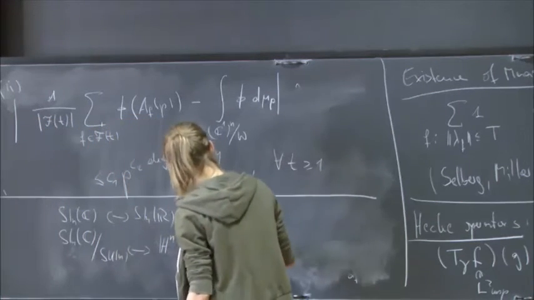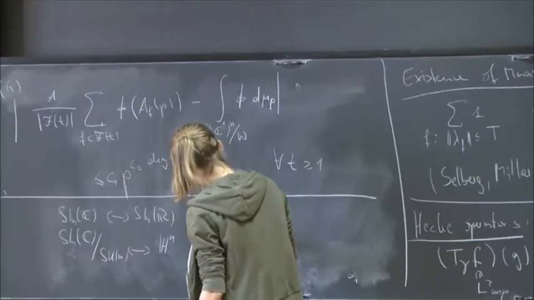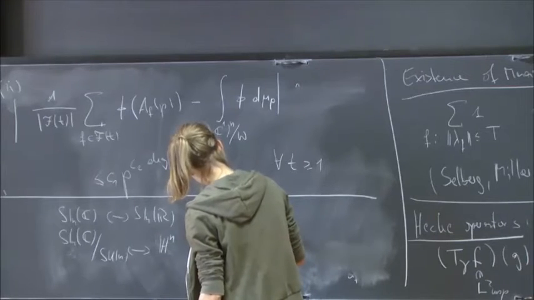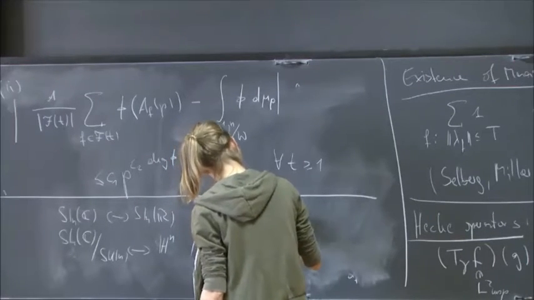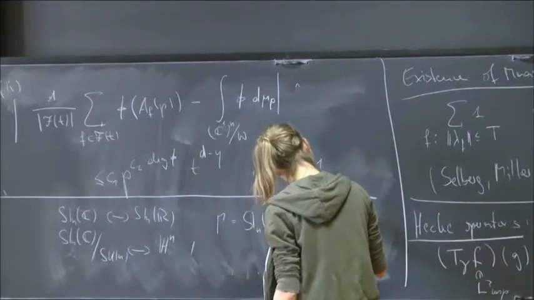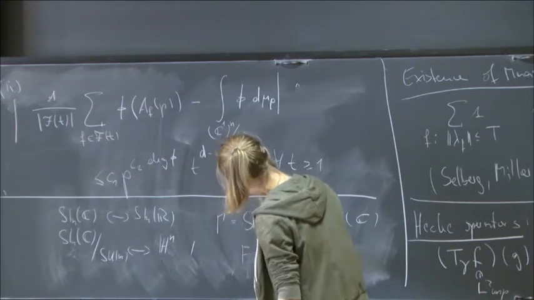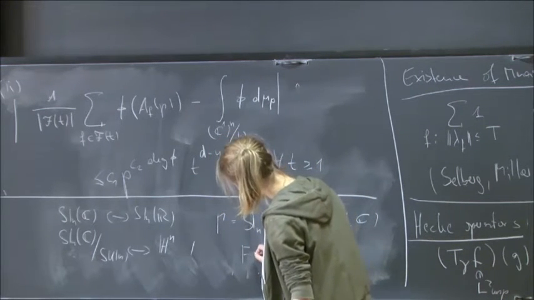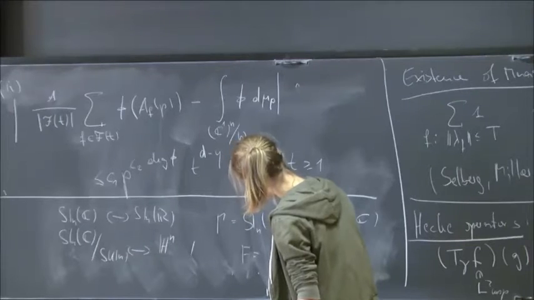And instead of SL_n(Z), you can consider gamma in SL_n(O_F), for F some imaginary quadratic number field, where O_F is its ring of integers.